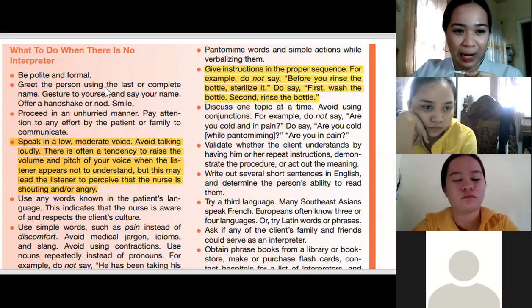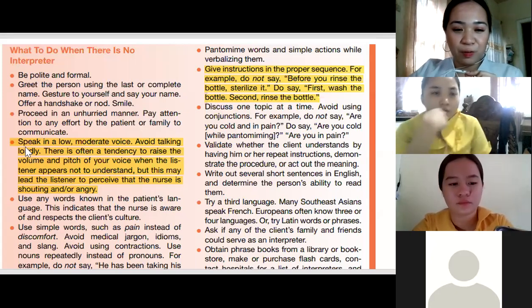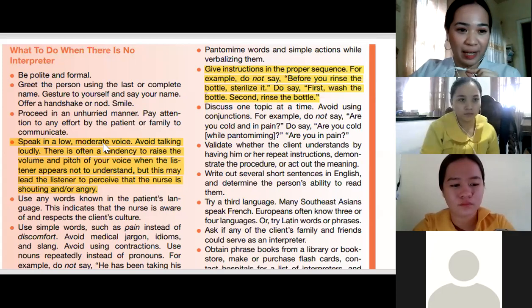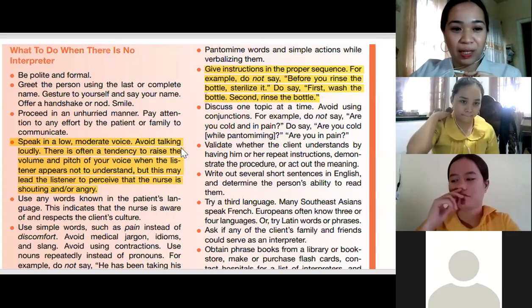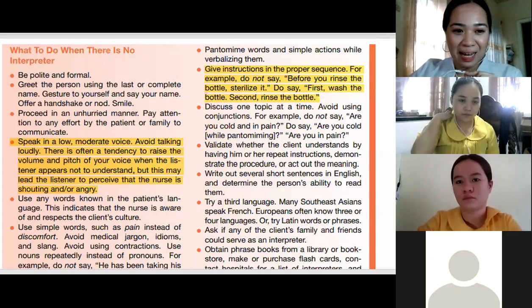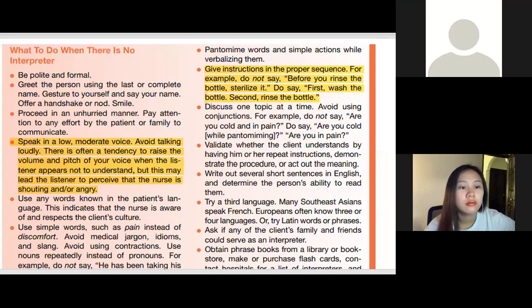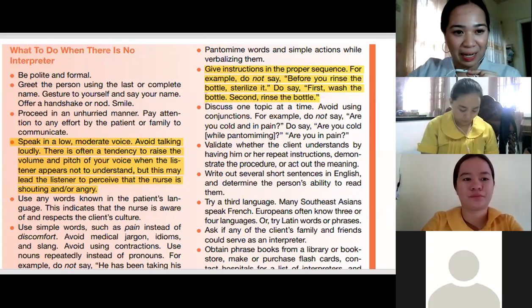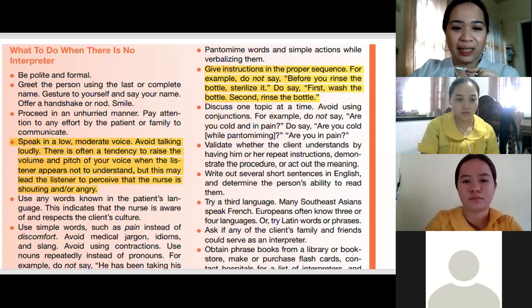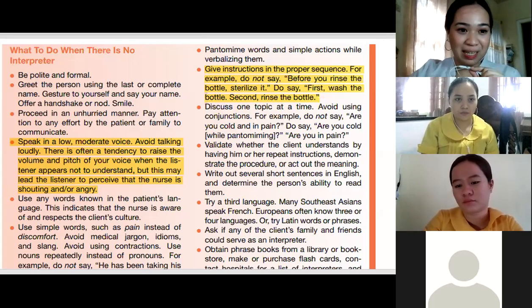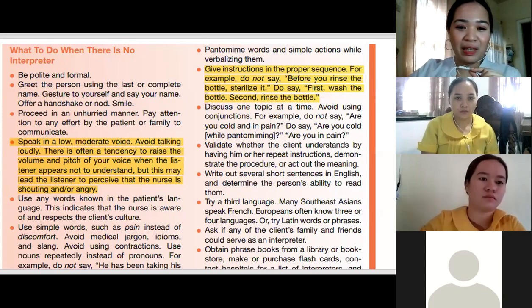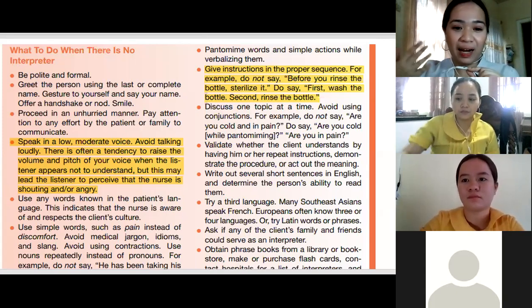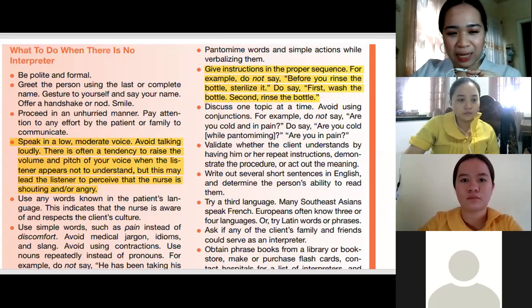Bukod sa being polite and formal, you have to speak in a low, moderate voice. Avoid talking loudly. Kadalasan, kapag hindi tayo naiintindihan, for example, magkaiba tayo ng language, ang ginagawa natin, tinataasan natin yung boses natin.